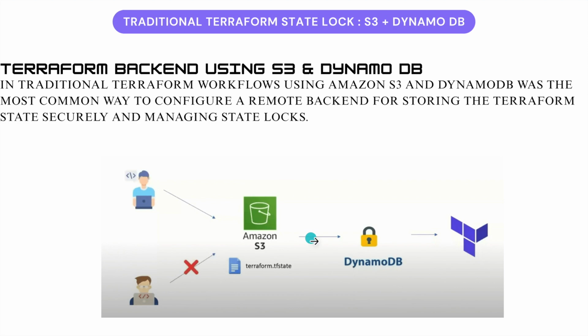So for resolving that, we used to have the lock part from DynamoDB configured. So once developer A has acquired the lock and he's working on the files by running the pipeline or maybe running from his local, no one was allowed to change or access the state file during that time, and that is how we used to avoid the race condition.